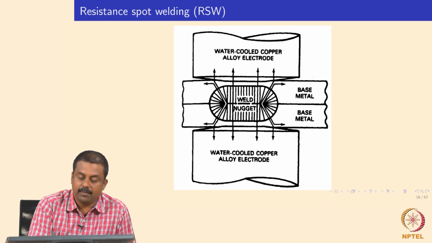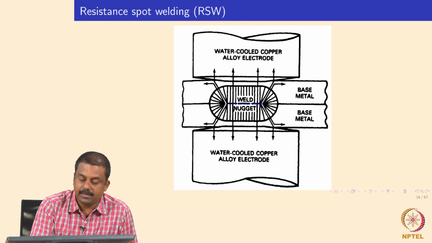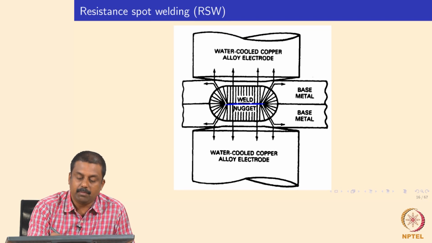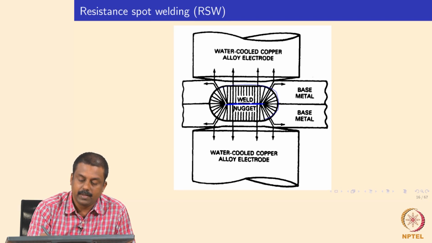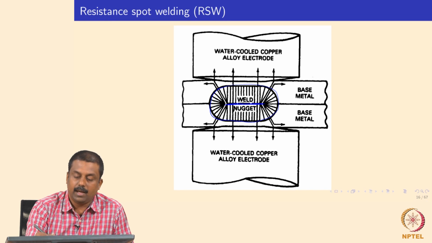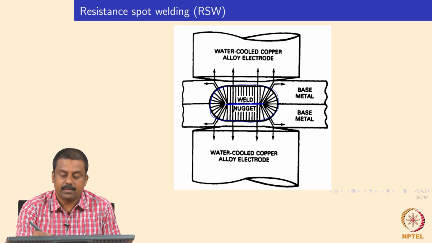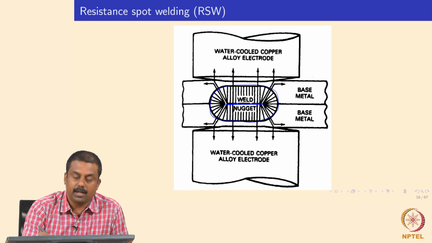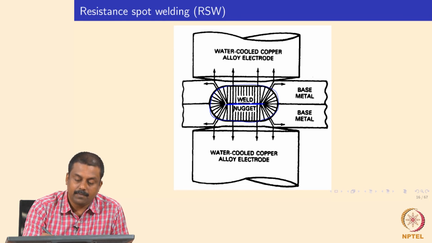You have high temperature at the weld interface because of the contact resistance, and the moment you form a liquid and subsequently stop the current, the weld nugget starts solidifying by nucleation from the fusion boundary. The grains then grow in a columnar manner from the fusion boundary towards the weld center line, and they coalesce at the weld center line.